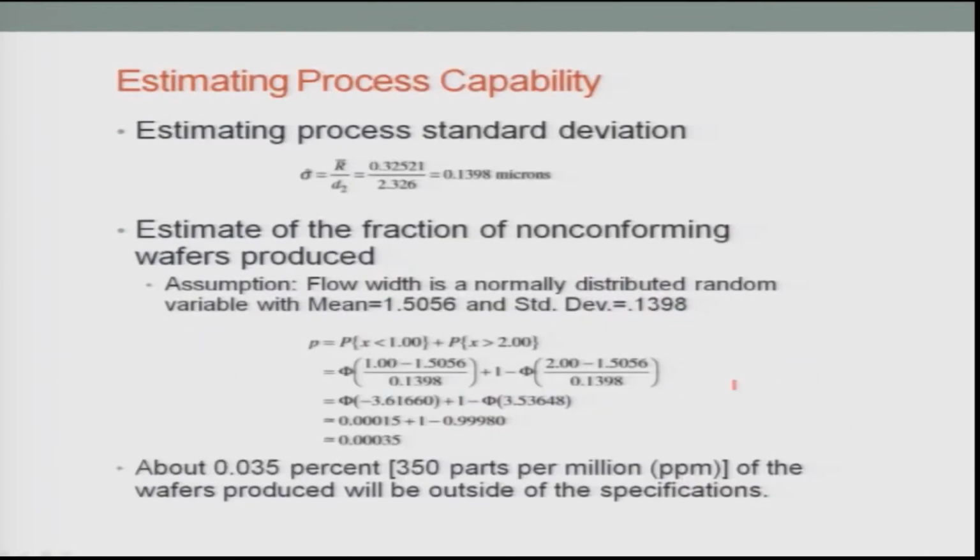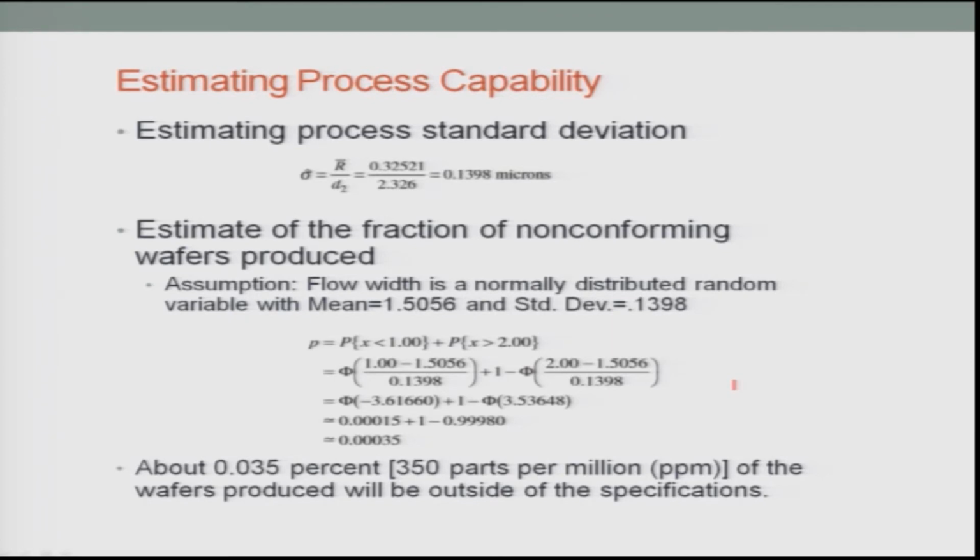Now you want to estimate the process capability. The process standard deviation can be found from the formula, the best estimate, sigma hat equal to R bar divided by d2, and that comes out to be 0.1398, which is about 0.14 micron. Then the fraction of non-conforming wafers produced is estimated.